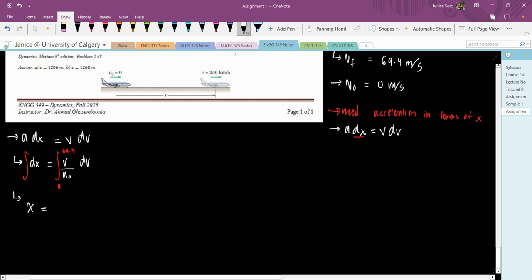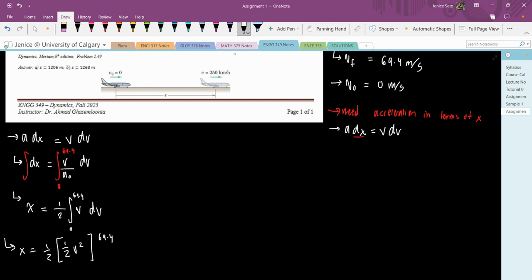A is a constant, so we're going to kick that out, and our constant was 2. This is going to be 69.4 on our top. So x is equal to half v squared, between 69.4 and 0.